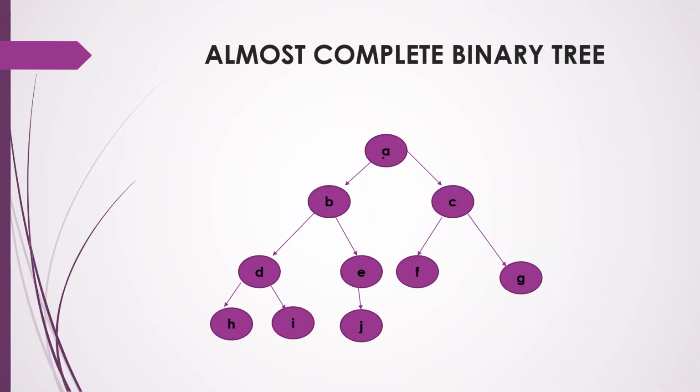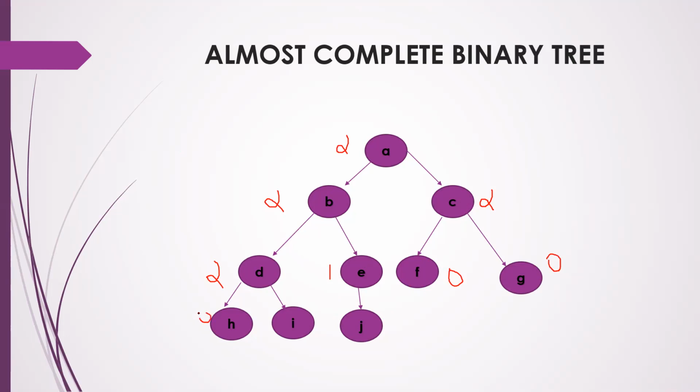Okay, so as you can see, the degree of A is 2 children, B and C. The degree of B is D and E, 2 children. The degree of C is F and G, 2 children. The degree of D is H and I, 2 children. The degree of E is J, so 1, because it has only 1 child. The degree of F is 0, and the degree of G is 0.